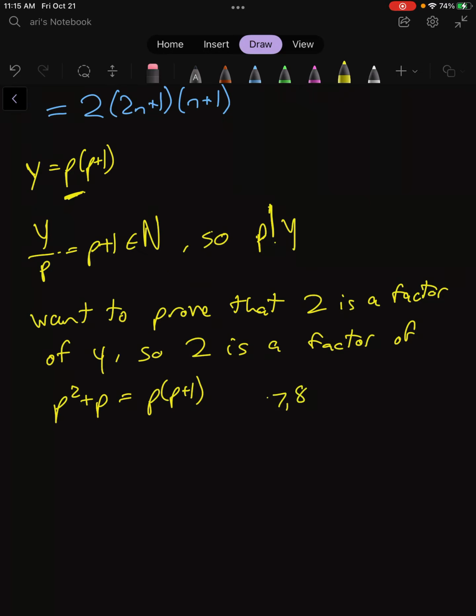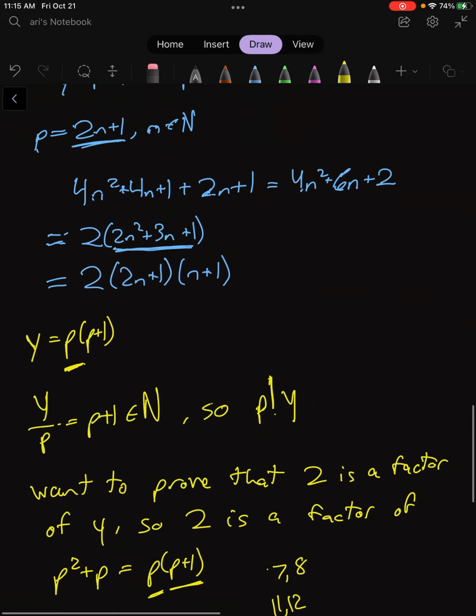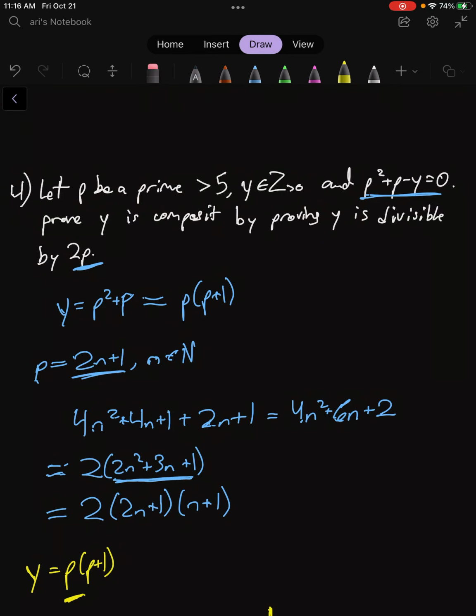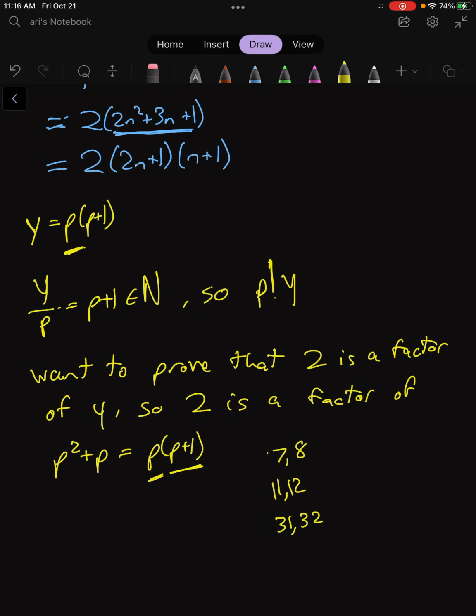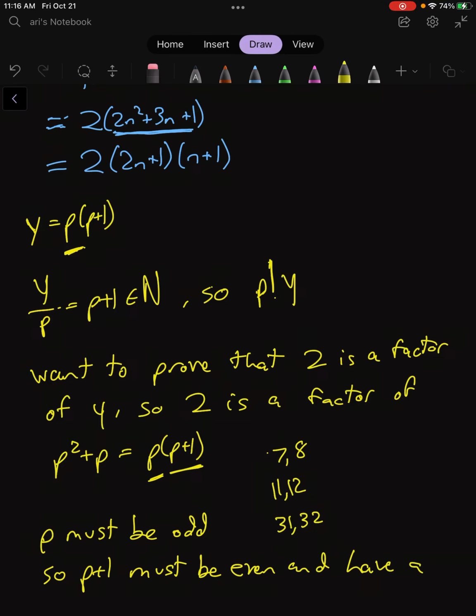Maybe it's 7 and 8, or 11 and 12, or 31 and 32. I think 31 is prime. So the argument is that one of p and p plus 1 has to be even. And since we know p is a prime greater than 5, p can't be even, which means p must be odd. So p plus 1 must be even and have a factor of 2.